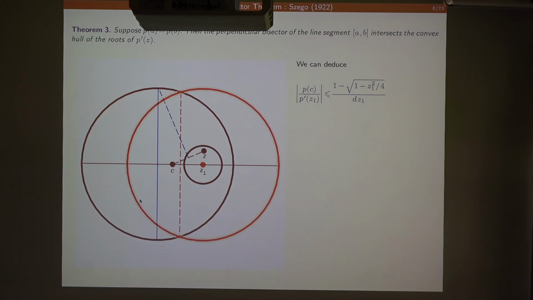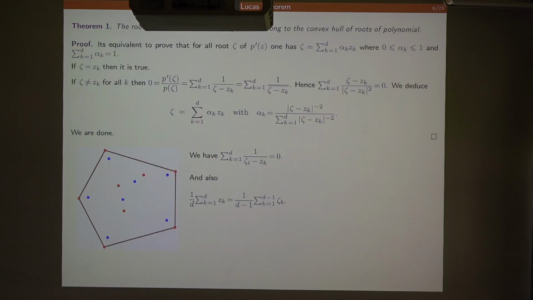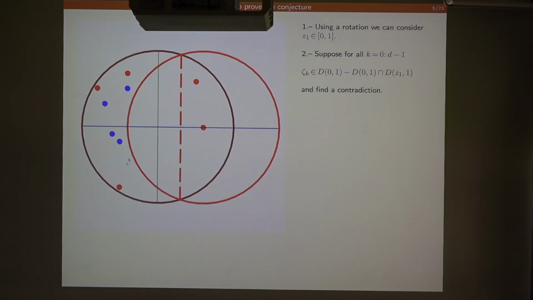In this case, I suppose that the roots of the derivative are in this lune. It's a strategy to prove the theorem.